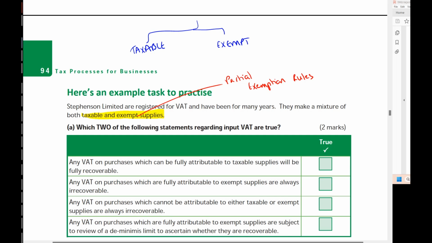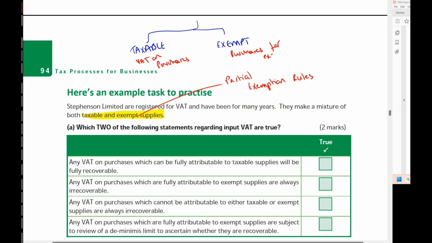When you've worked that out, you'll then say, in order to be able to buy these goods or services that I've now sold on, how much of my purchases were purely to service these taxable sales? So I'm looking for the VAT on purchases that links directly with the sales that are taxable. Then I'm looking for the purchases that relate to the goods that were exempt.